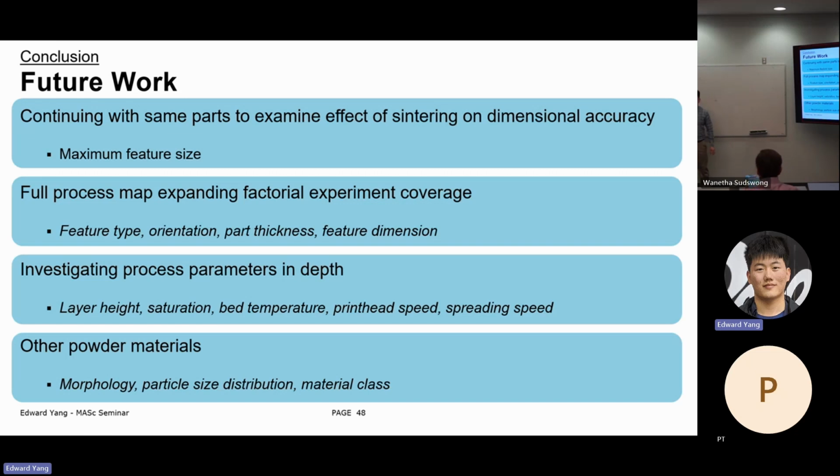Investigating the effects of different process parameters, like I mentioned, the bed temperature and the configuration of the powder dispensing played a role, but that could be investigated in its own study as well. And also expanding this to other types of materials. So looking at irregularly shaped powders, such as water atomized powders, other materials, not just stainless steel, but also perhaps more exotic materials like silicone or copper and seeing if that impacts these design rules.